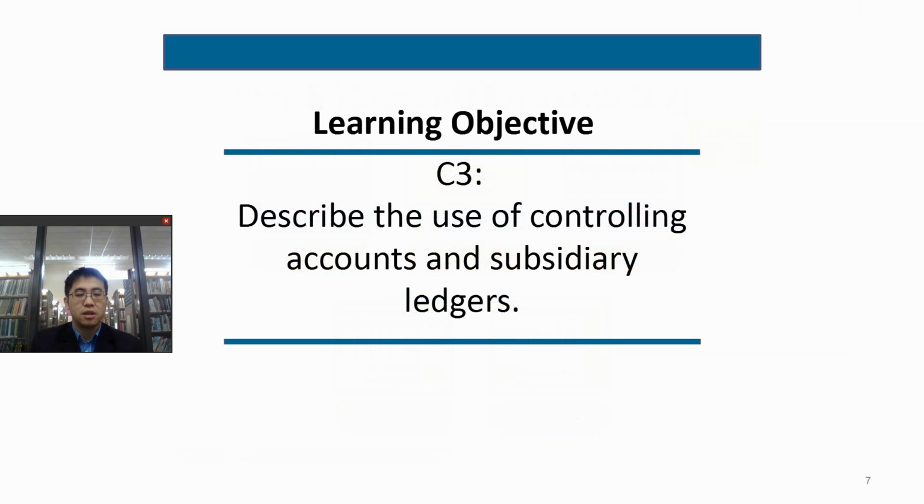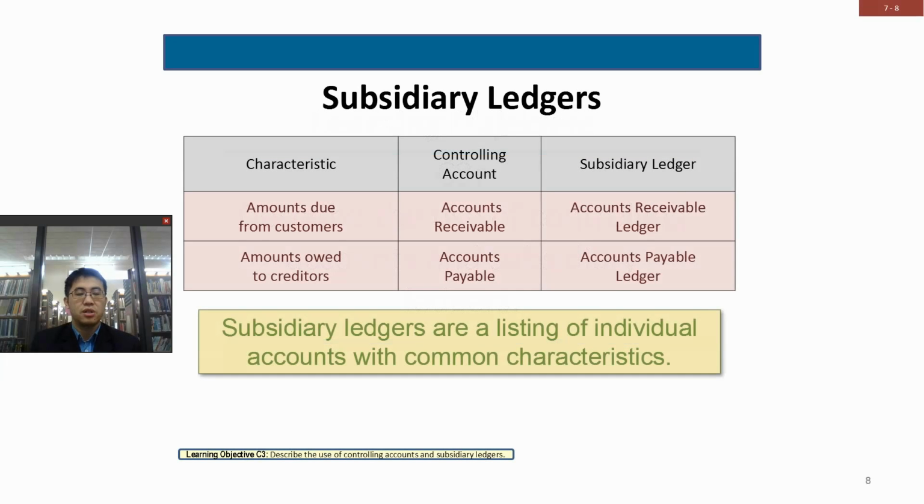Next, describe the use of controlling accounts and subsidiary ledgers. If you still remember, we covered the general ledger. A ledger is for different accounts, and for all kinds of debits and credits combined together for a particular account.